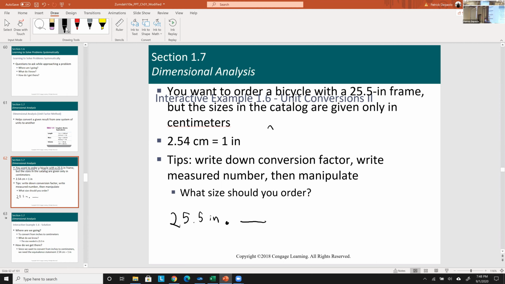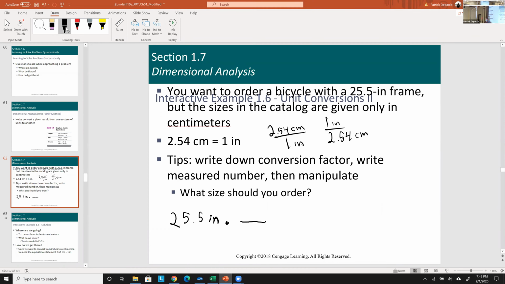The equality is 2.54 centimeters over 1 inch, or vice versa, 1 inch over 2.54 centimeters. So based on algebra, which one would you put on the top?